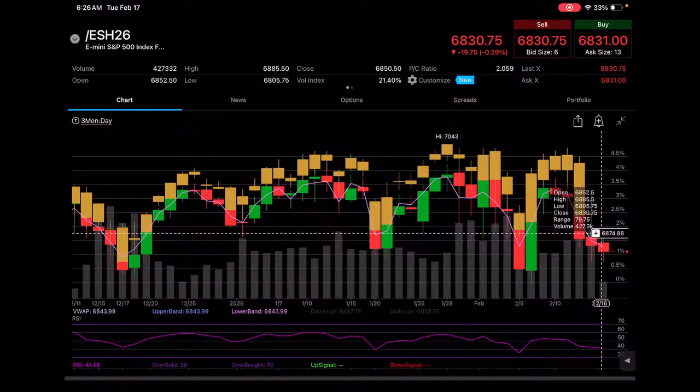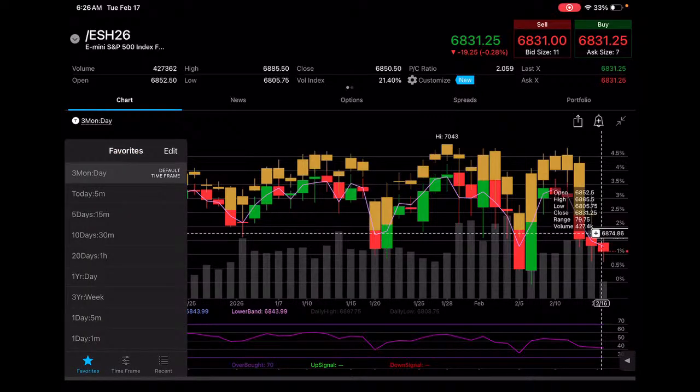We use the ES futures because it is the leader of the family. It's like the dad in the family. The moves are made in the ES, and then SPX follows, and then the SPY follows. You may or may not have familiarity with the SPY or the SPX, but they're all part of the S&P 500 family.